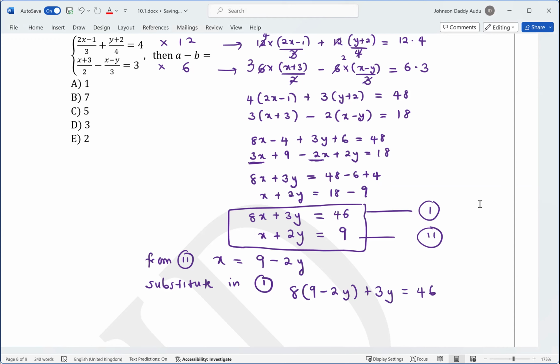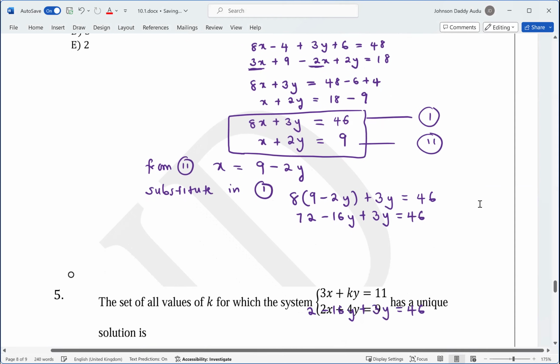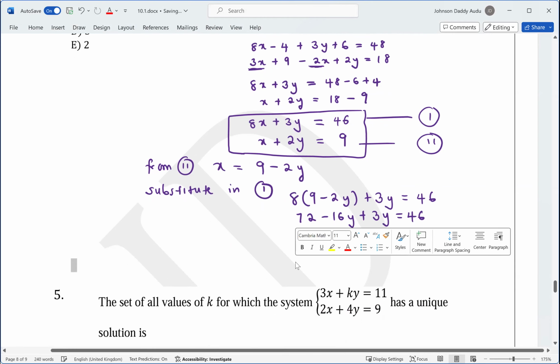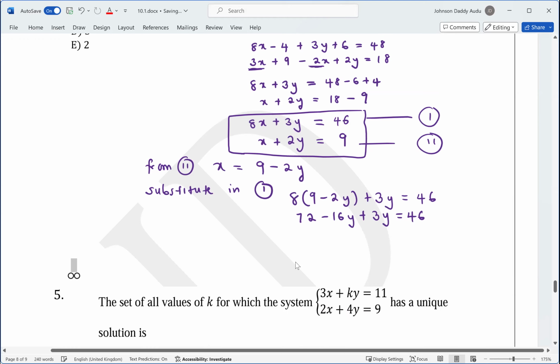So this is what we will do, and this will give us 72. So this is 72 minus 16y plus 3y is equal to 46. Right. So here we need to solve for y.